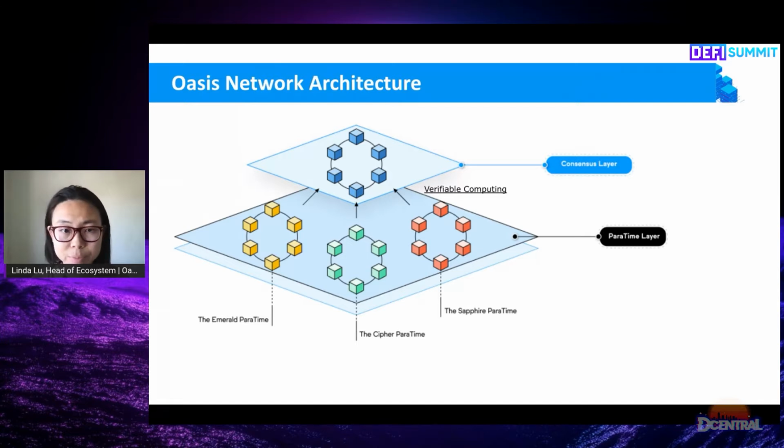Think about the giants, Facebook, Google, how much different computation they run on a day-to-day basis. Imagine that moves to Web3 in the future. So that's why Oasis Network is very much about being able to cater to a wide range of compute that can service Web3 in the future.